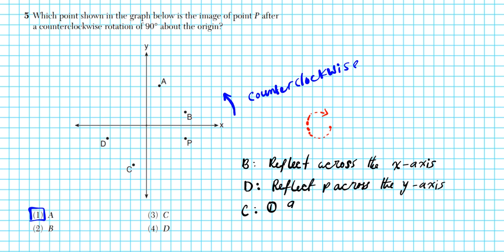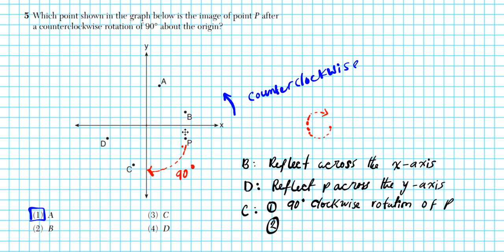By a 90 degrees clockwise rotation of P. That's one way, okay? Is there another way we can get to C other than a 90 degrees clockwise rotation?